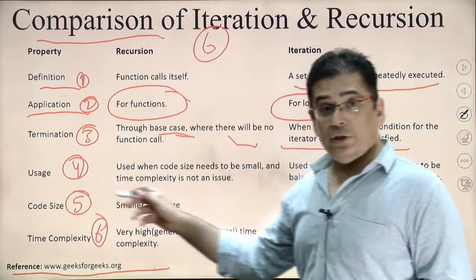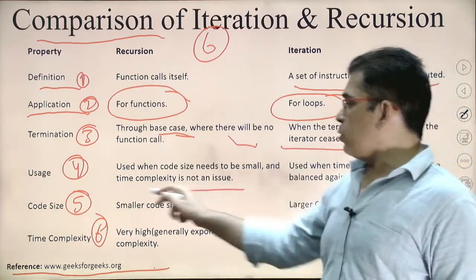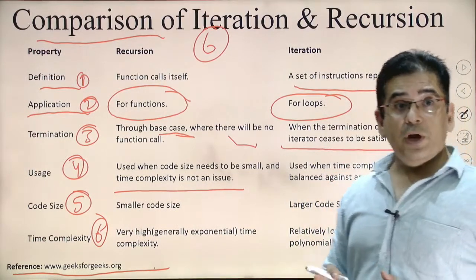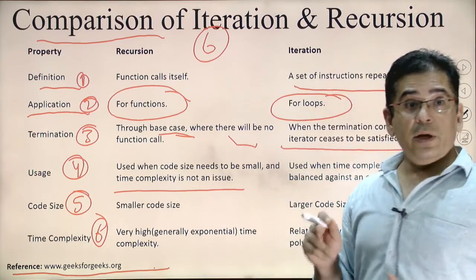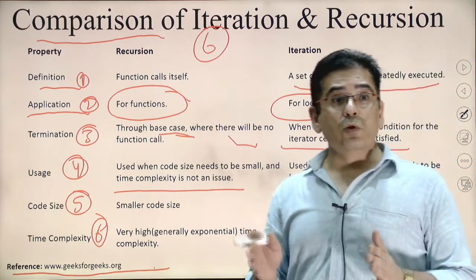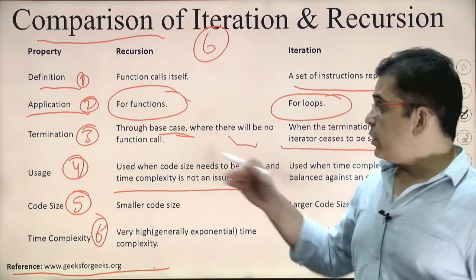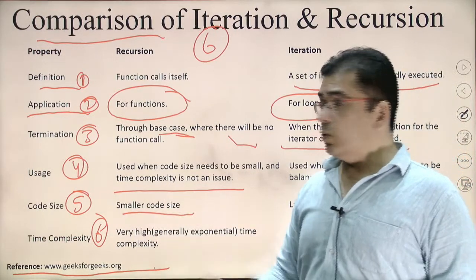Next is usage. It is used when code size needs to be small and time complexity is not an issue. This is a very important point, where to use recursion and where to use iteration. Recursion is used when you need small code size and time complexity is not an issue, because recursion has high time complexity, but it requires smaller code size.